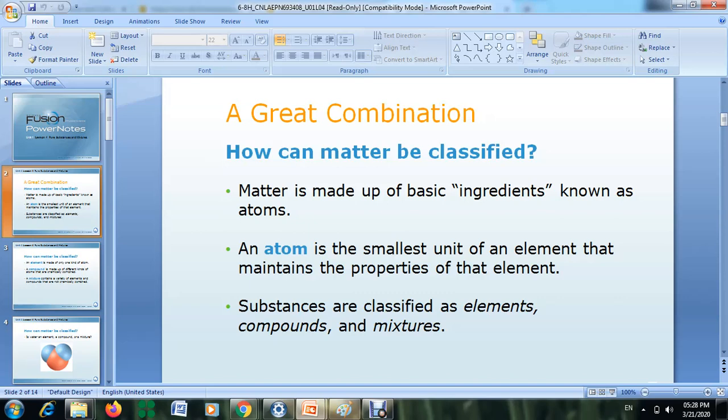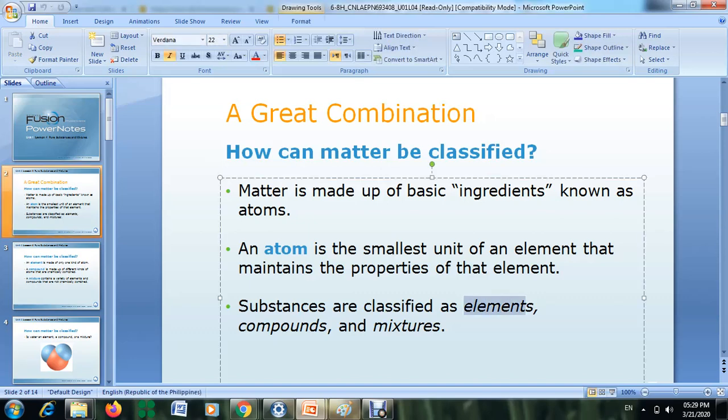Okay? Substances are classified as elements first, compounds second, and mixtures third.